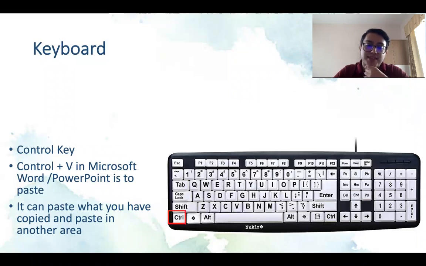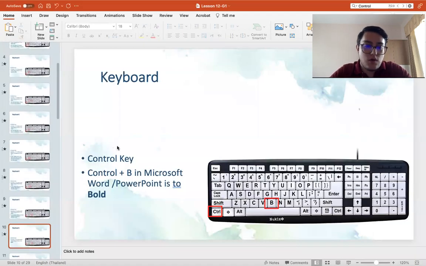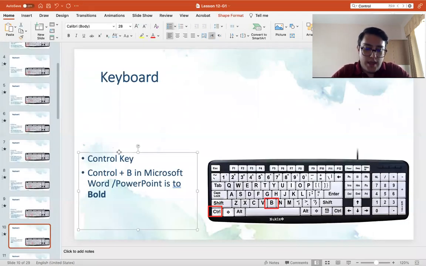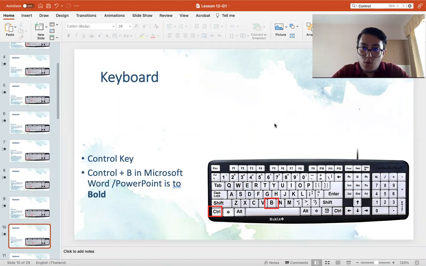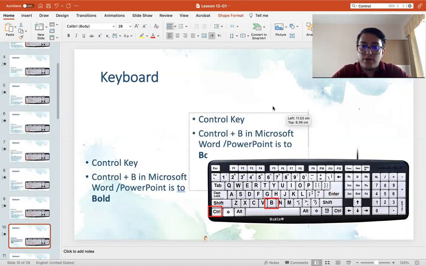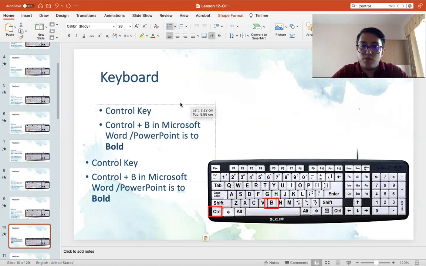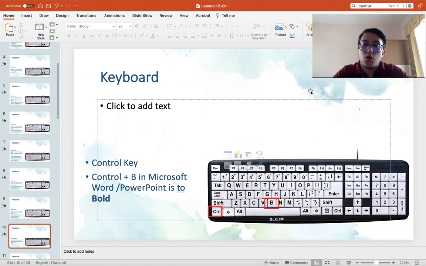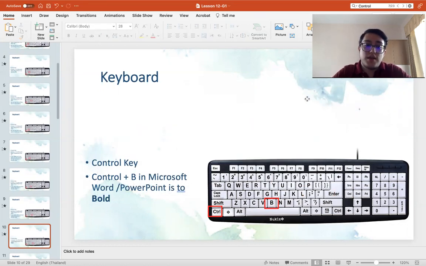So the same, you press and hold Control and press V. Okay, so remember, I can press and hold Control and press C, and then press and hold Control and press V. Once I do that, I will have another text box like this, and I can move it anywhere I want. So Control C and V come always together.